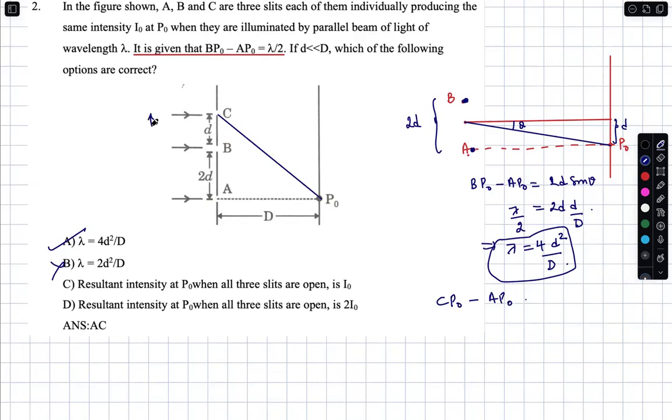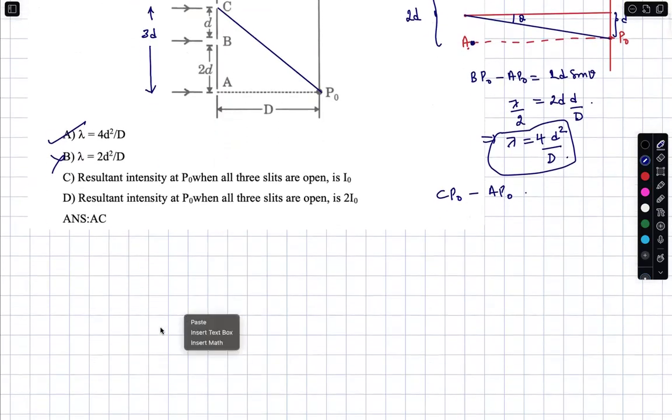In my view, this is again a double slit with a 3D distance. Right, I'll write somewhere over here so that there is no confusion. Let this be C. Let this be A. This is the situation.